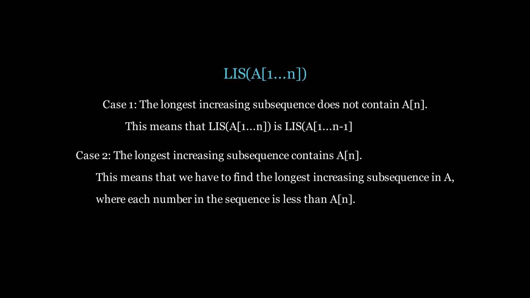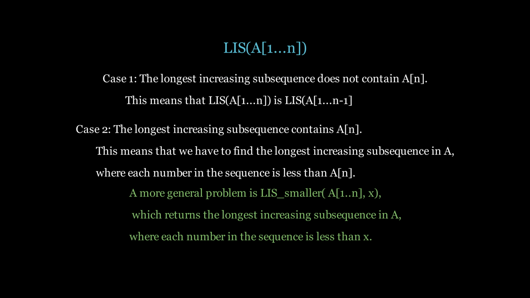This means that we have to find the longest increasing subsequence in A, where each number in the sequence is less than A of n. This suggests that for the second case, a more general problem is LIS smaller of A from 1 to n and x, which returns the longest increasing subsequence in A, where each number in the sequence is less than x.